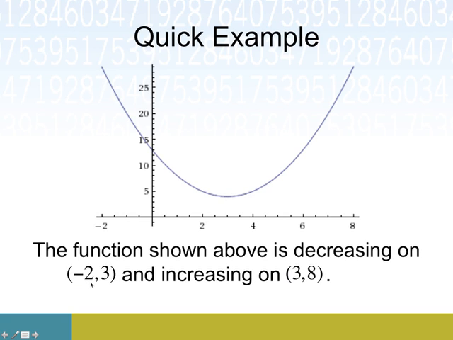We could probably expand this leftward, but as far as the graph is concerned, it stops at -2. So that's as far as our interval is going to look as well. So from -2 up until an x value of 3, this function is headed downward, so we say it's decreasing. And then from 3 on out, from 3 to 8, the function's increasing.